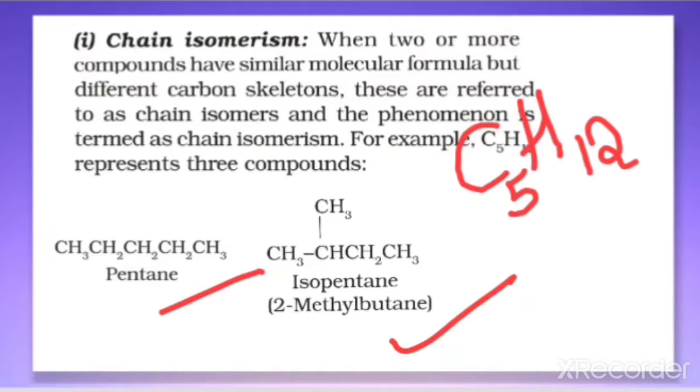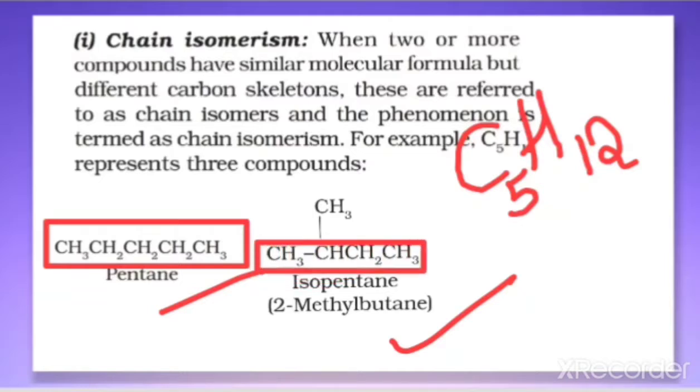But we can't call it the same compound, because when you find the main chain, this one is the main or parent chain, and here the parent chain is this one. The number of carbon atoms in the main chain in the first case is 5, and here the number of carbon atoms in the main chain is 4.